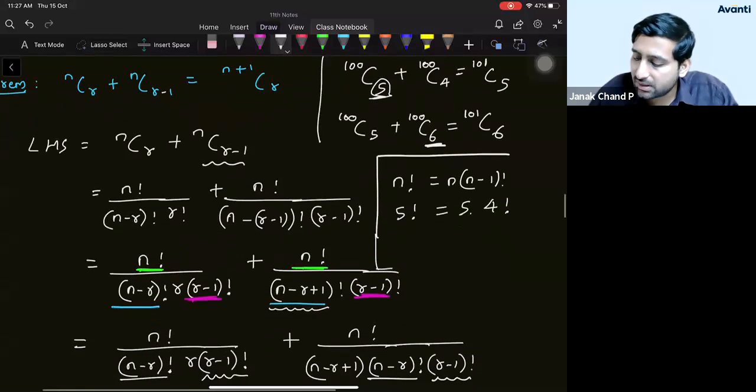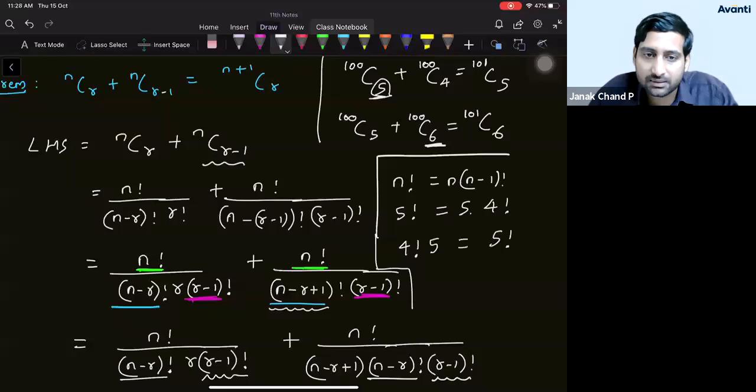Or we can say it like this: if you multiply any factorial with its next higher value, say you multiply 4 factorial with 5, the value will be the higher factorial. So both these are very, very important, right? 5 factorial can be written as 5 into lower factorial, and any lower factorial multiplied with the next number is nothing but the factorial of the next number. Both of these are the same.